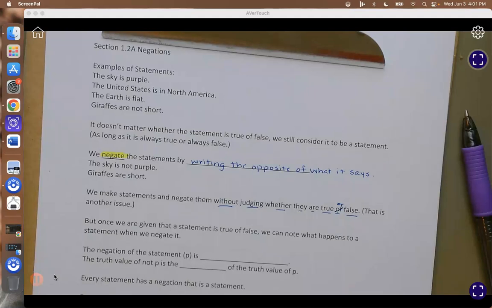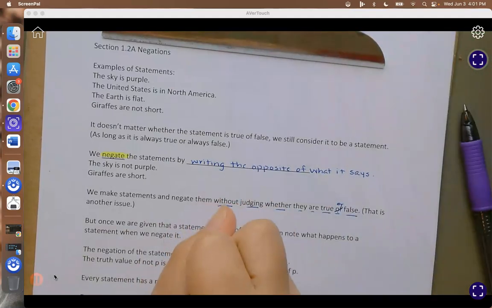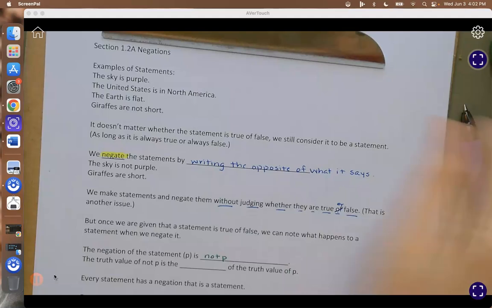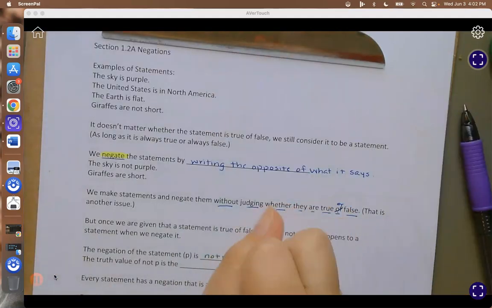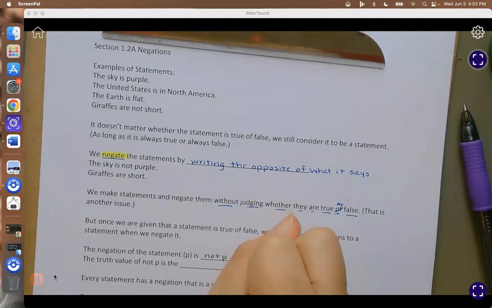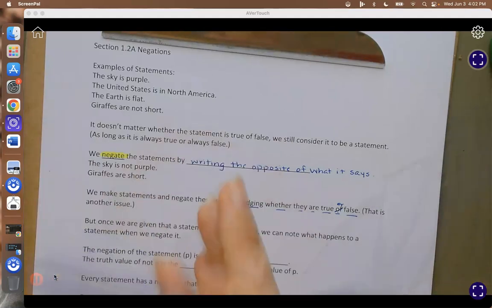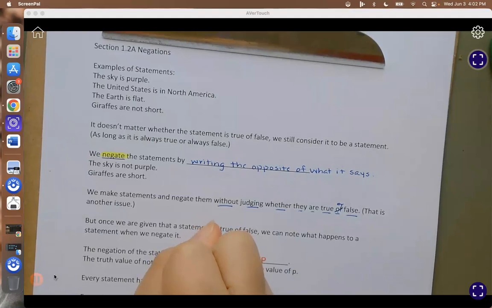when we negate it. So the negation of a statement P is not P. And the symbol, because you know we love a symbol in math, if you want to say not P, it's a little squiggly and then the P. That means not P. So the truth value of not P is the opposite of the truth value of P. So if a statement is true to begin with, when you negate it, you're doing the opposite.